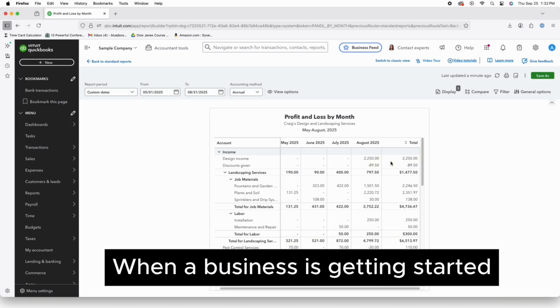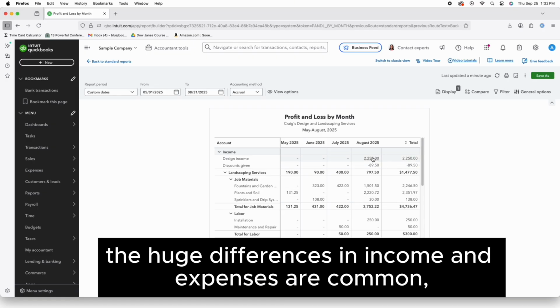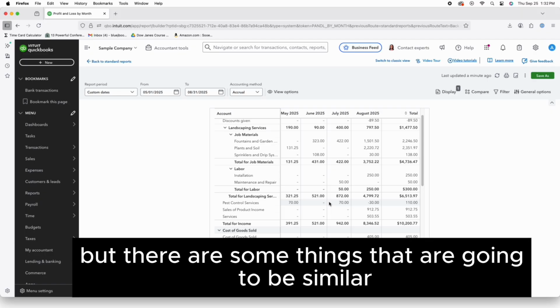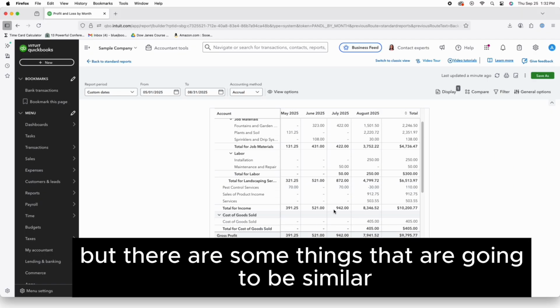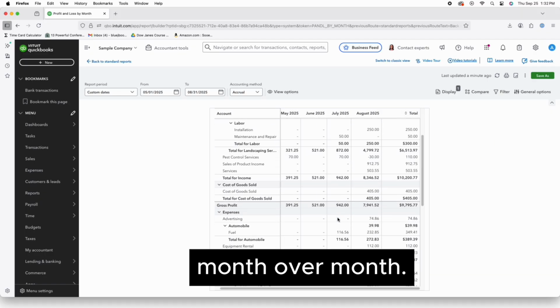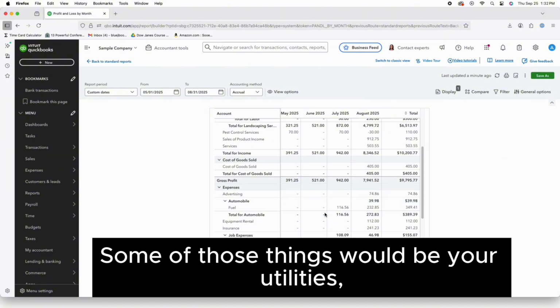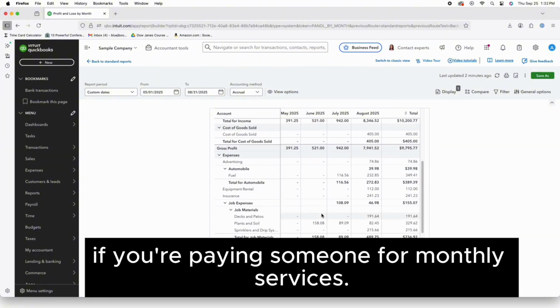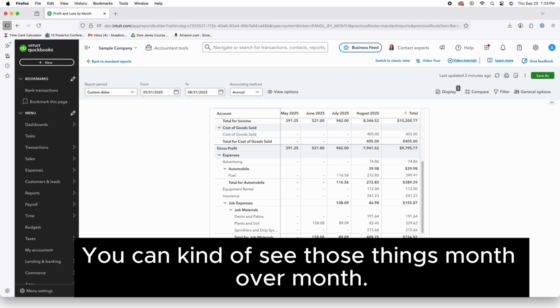When a business is getting started, huge differences in income and expenses are common, but there are some things that are going to be similar month over month. Some of those things would be your utilities.